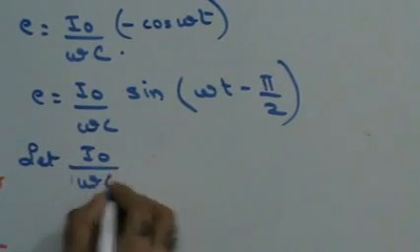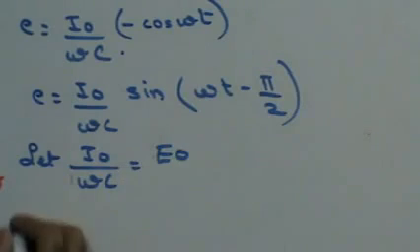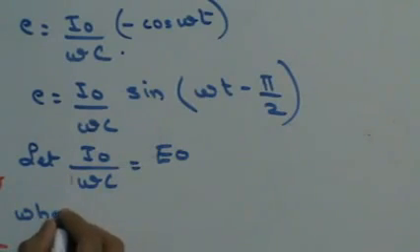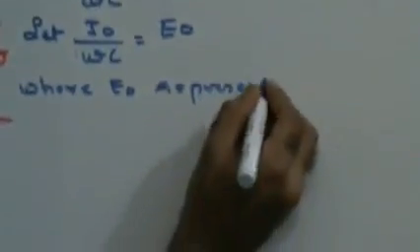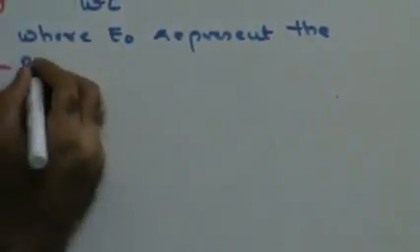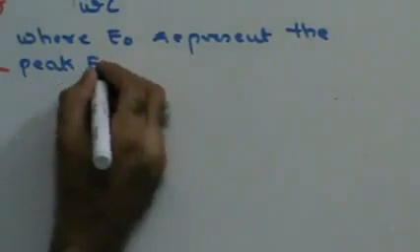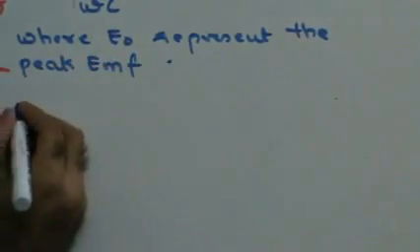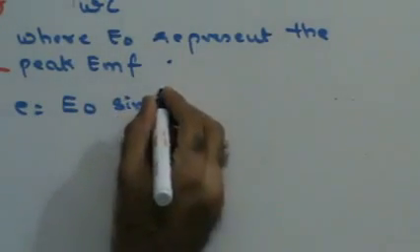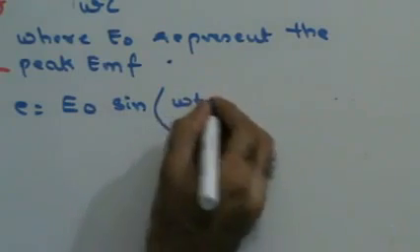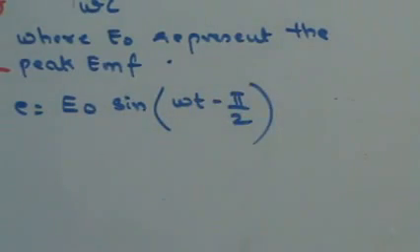In which case I will also assume, let us assume, that I0 upon omega C is E0, where E0 represents the peak EMF. Therefore, I can say E is equal to E0 sine omega t minus pi by 2.